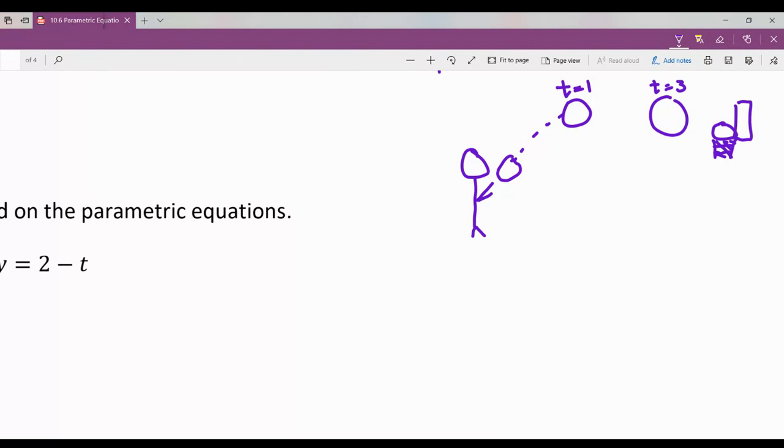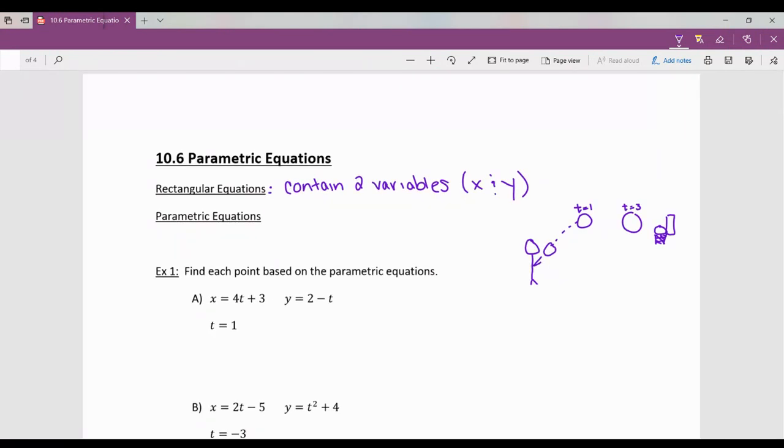So parametric equations contain another variable, aka a parameter, where x and y, like how we talk about this, x is my horizontal distance and y is my vertical distance.